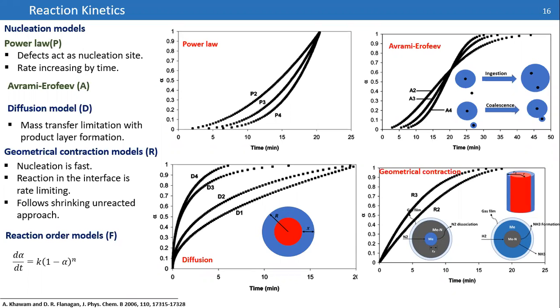Some crystals are going to appear in your system, and we call these crystals nuclei the first time they appear in your solution, and they start to grow. This growing gives other materials access to more active sites to reach this point and then react with your system. So your rate of reaction will increase after a while.